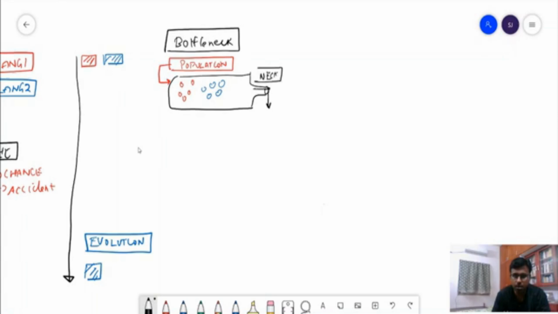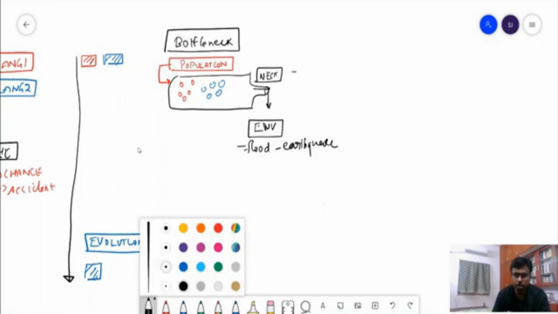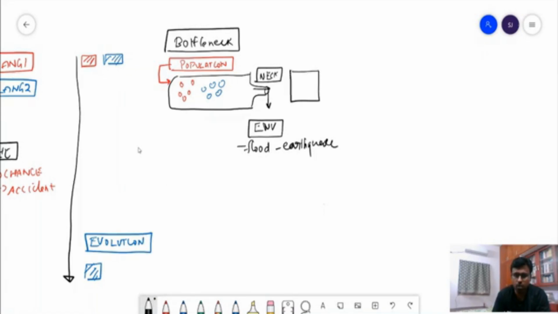There is an environmental destruction, an environmental catastrophe or environmental problem. Some flood is coming, some earthquake is coming, something is coming and removing the population which has the red color gene. But what will come out of it? Only the rest.